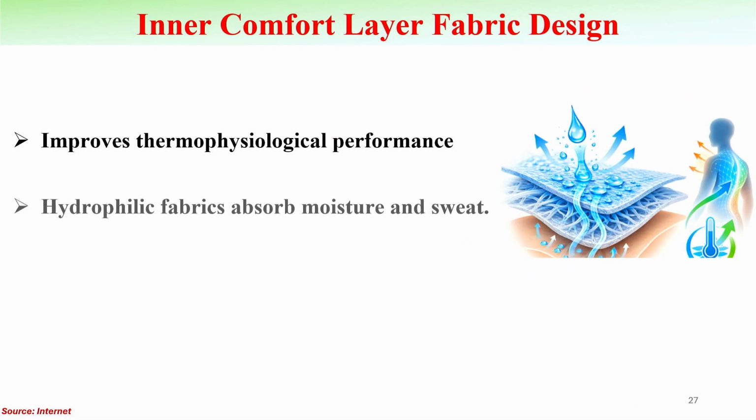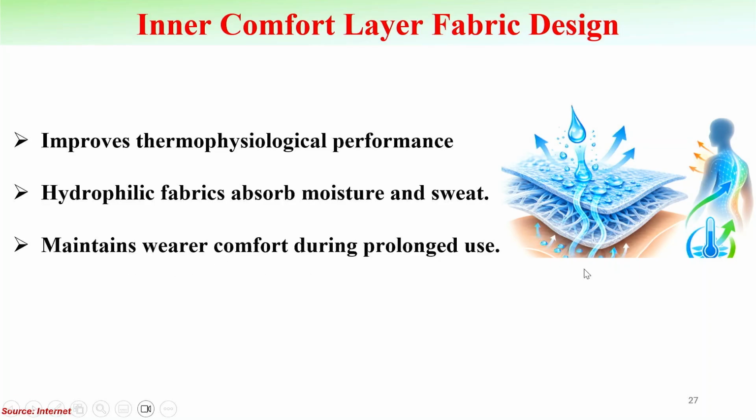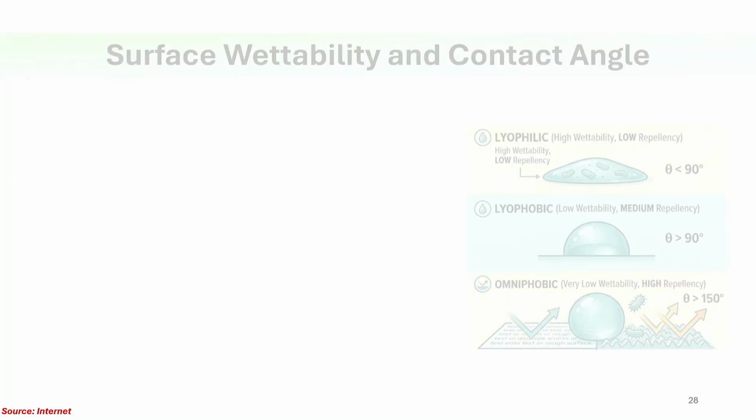Inner and comfort layer, which improves the thermophysiological comfort. It is in contact with the body, our skin, that absorbs the moisture and sweat, and maintains wearer comfort during prolonged use.